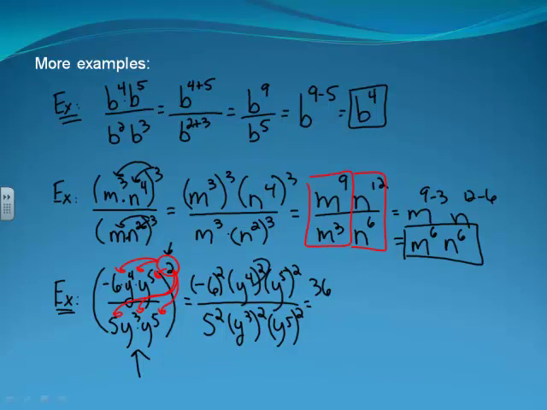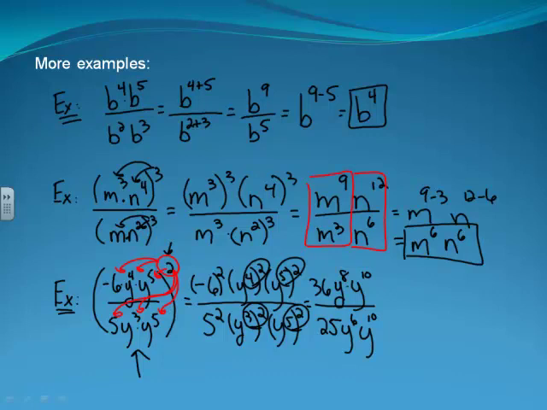Here, powers to powers multiply. So we've got y to the 4 times 2 is 8. Here, y to the 5 times 2 is y to the 10th. Divided by 5 squared, 5 times 5 is 25. y cubed to the second power, 3 times 2 is y to the 6th. And here, 5 times 2 is y to the 10th.